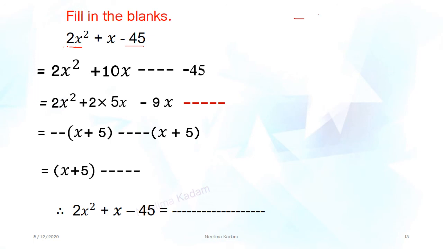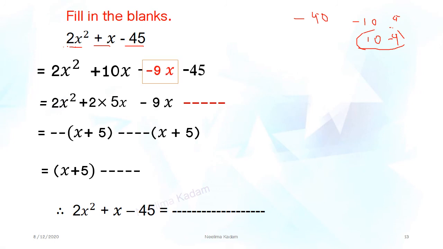So minus 90, we have to take factors of minus 90, that is minus 10 or plus 9, or plus 10 minus 9, and this will give you plus 1. Which one? Plus 10 minus 9. So plus 10x minus 9x.